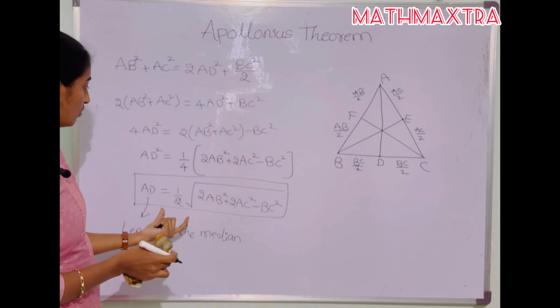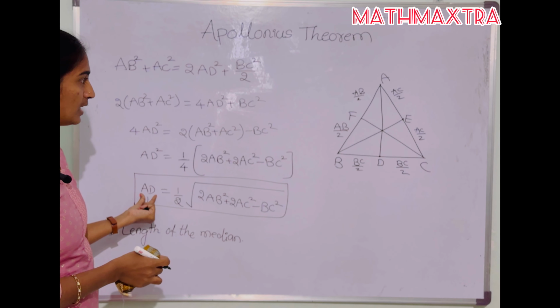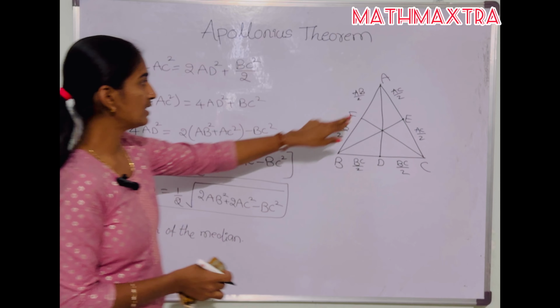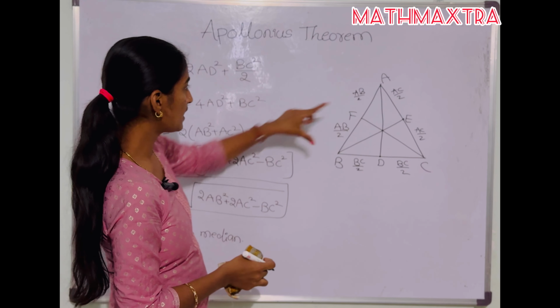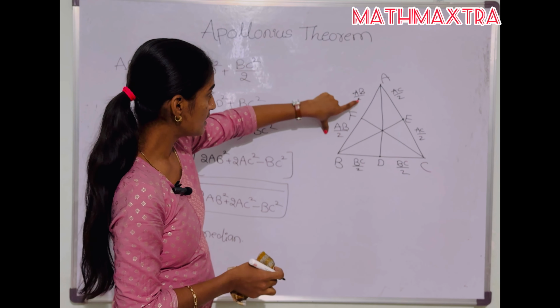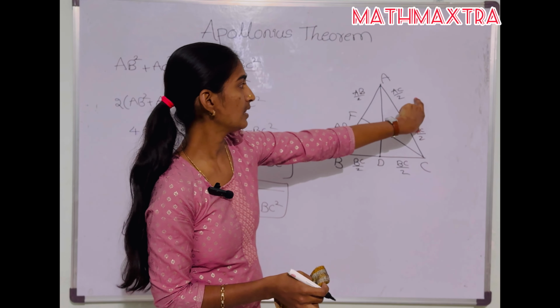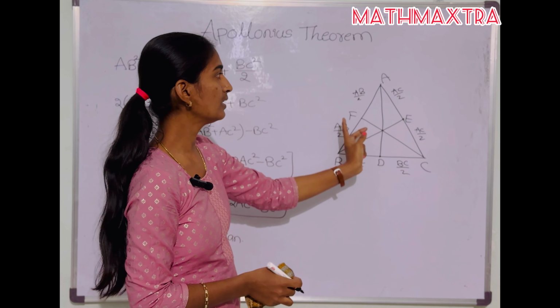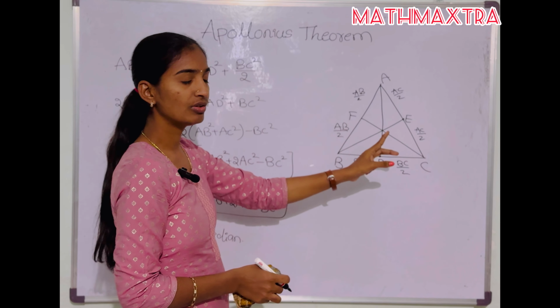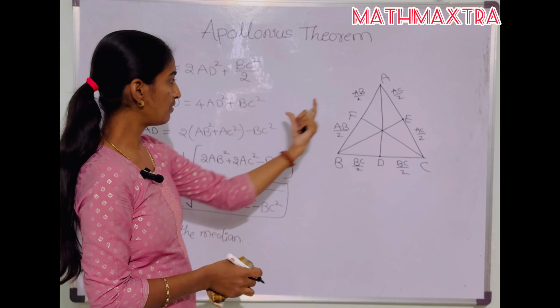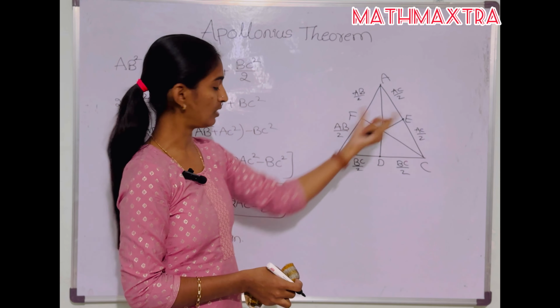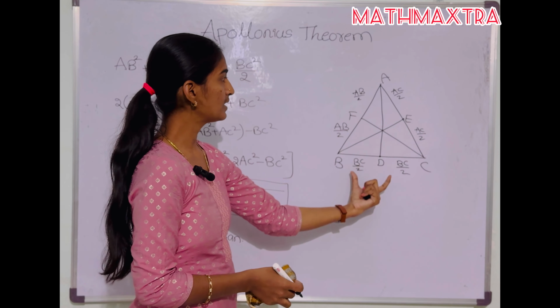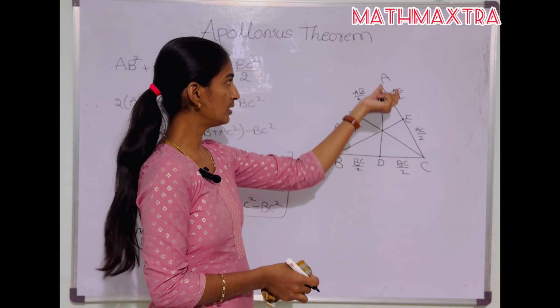So how can we remember this length of AD? See, this is a median, right? This AB side is this side and this AC side is this side. These two sides are either side of the median. So for that we take 2 times AB square plus 2 times AC square, and this BC is exactly opposite to the vertex, right?